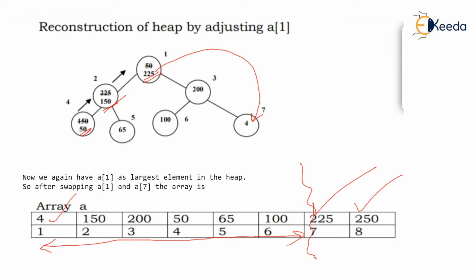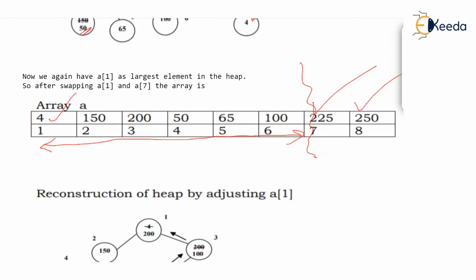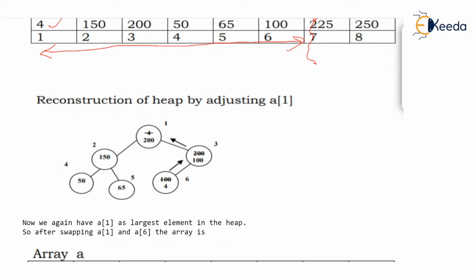To convert it into a max heap, we did not adjust all the parents. We adjusted only the first parent because all other parents were already greater than their children. But then how many comparisons will you need to fix this parent in this tree? Yes, again two comparisons, isn't it? That is nothing but log n. This is the height of the tree.